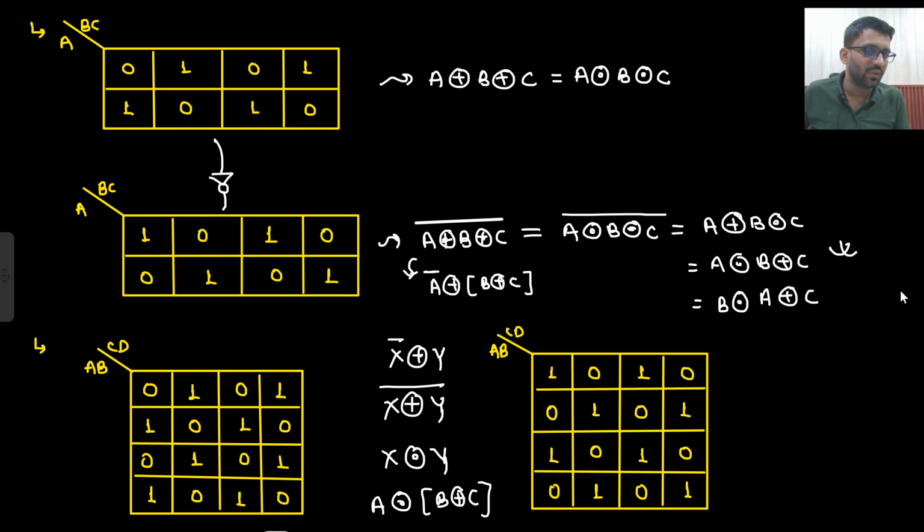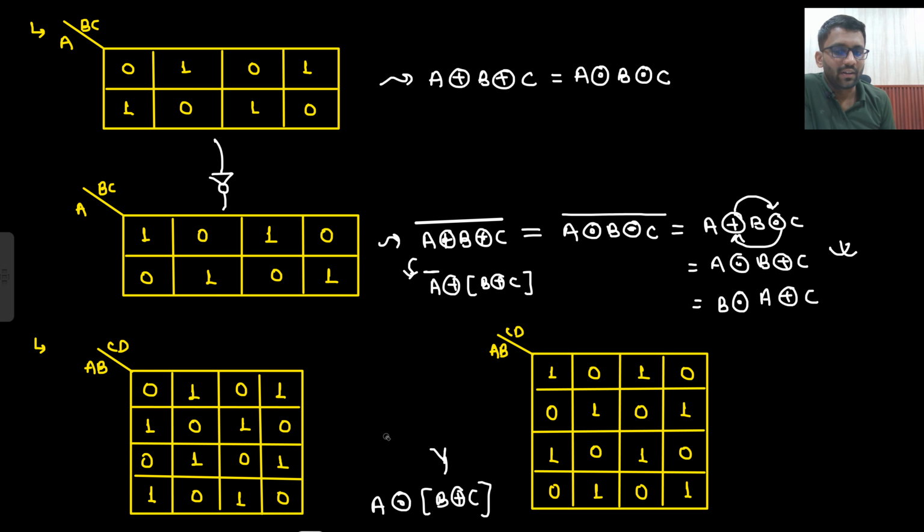Do the same with B, you will get this expression. Are you getting this point? So basically, this bar can travel anywhere. If there is a bar on the whole, then one of them can be replaced with a dot, and this dot can travel anywhere. So this is the way you can remember it.